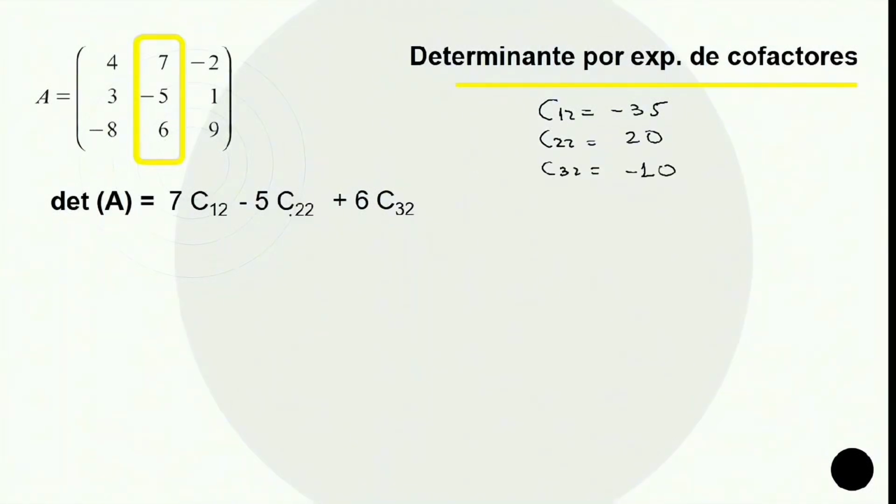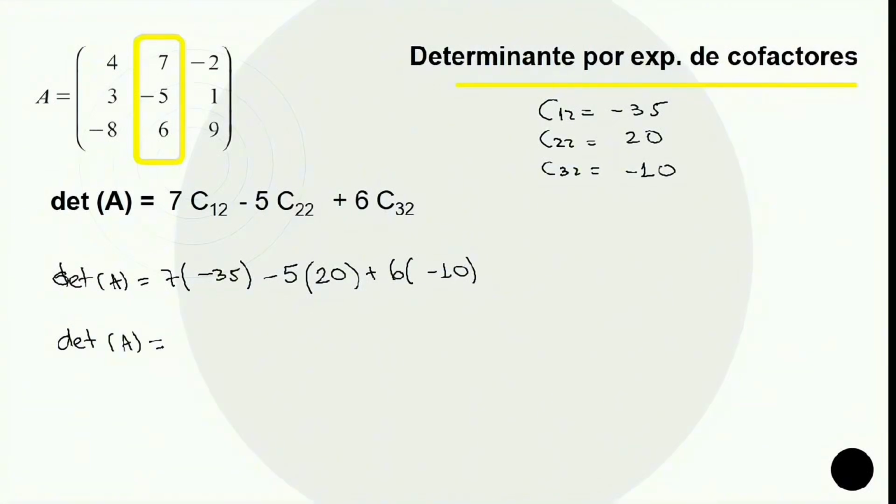So let's calculate the determinant of A. The determinant of matrix A is equal to 7 times the cofactor 1,2, which is minus 35, minus 5 times the cofactor 2,2, which is 20, plus 6 times the cofactor 3,2, which is minus 10. So the determinant of A is equal to minus 245, minus 100, minus 60. And in total, it gives us minus 400.